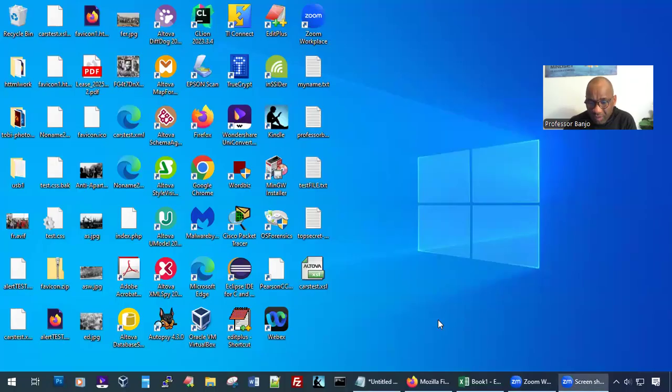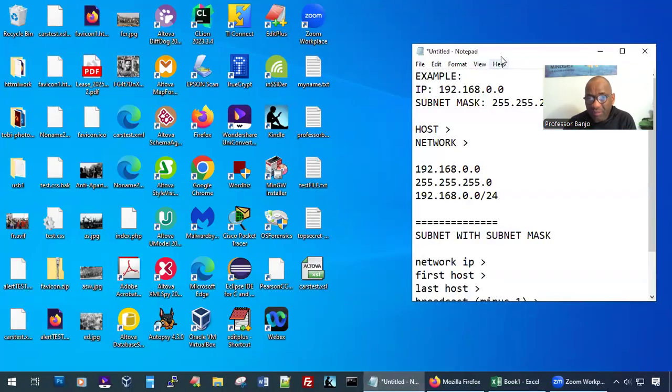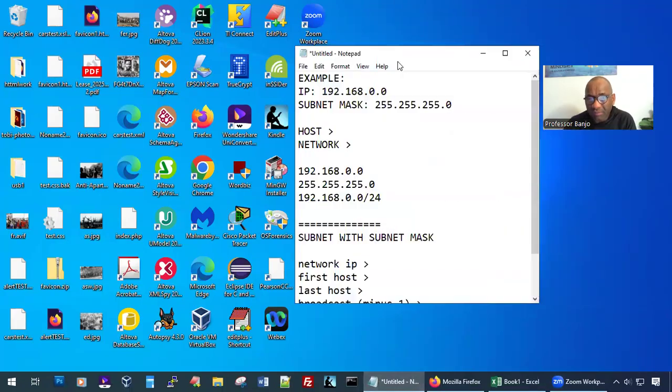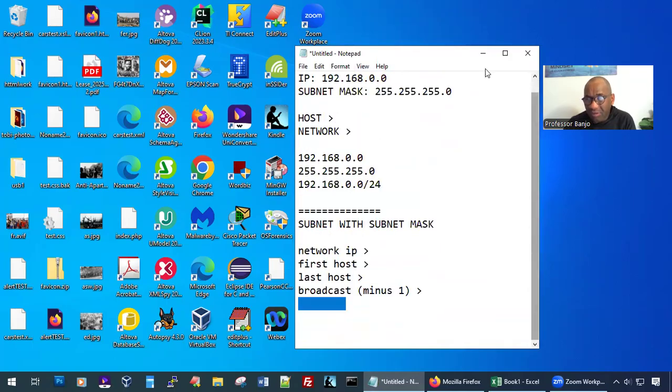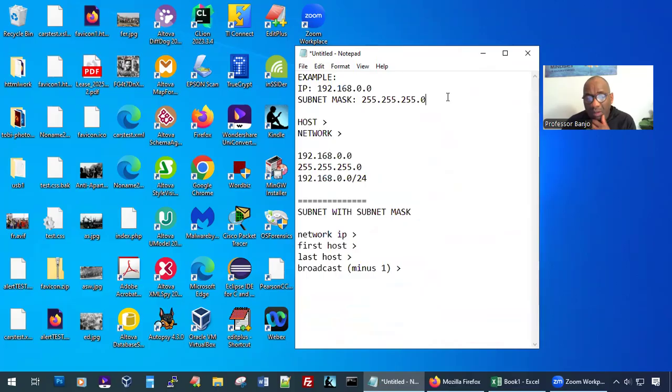I'm going to share my entire text up here. All right, so first of all, I'm going to pull up these notes that I have here, and you might see a few things on the notes. With IP addresses, we're going to look at an example IP address, 192.168.0.0.